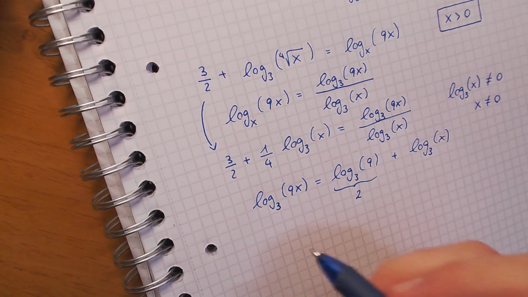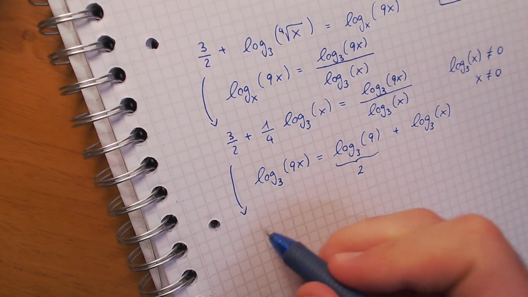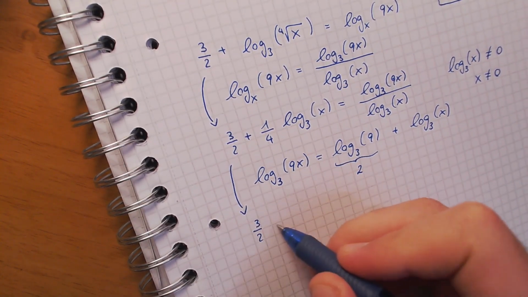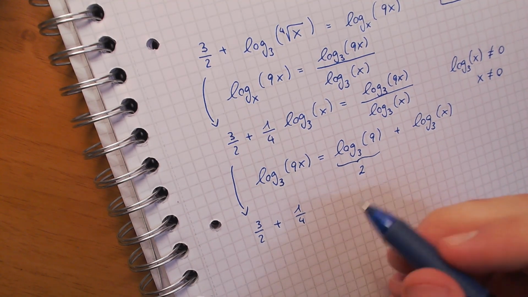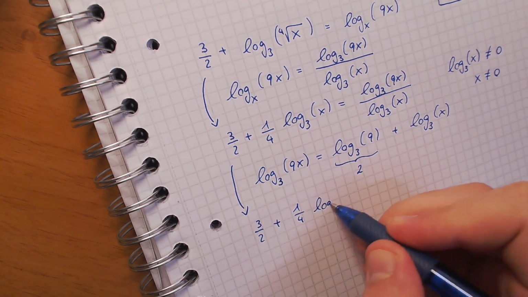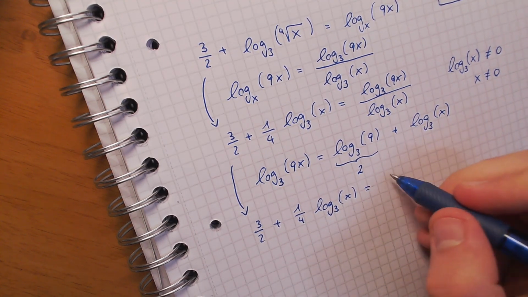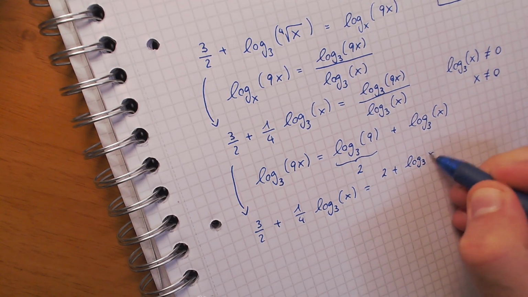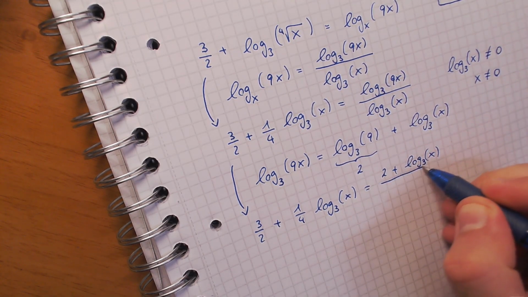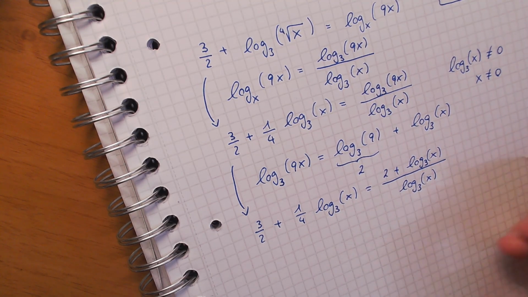Okay, so that means that our equation here can be written as 3/2 plus 1/4 log of x, and then here we have 2 plus log base 3 of x over log base 3 of x.